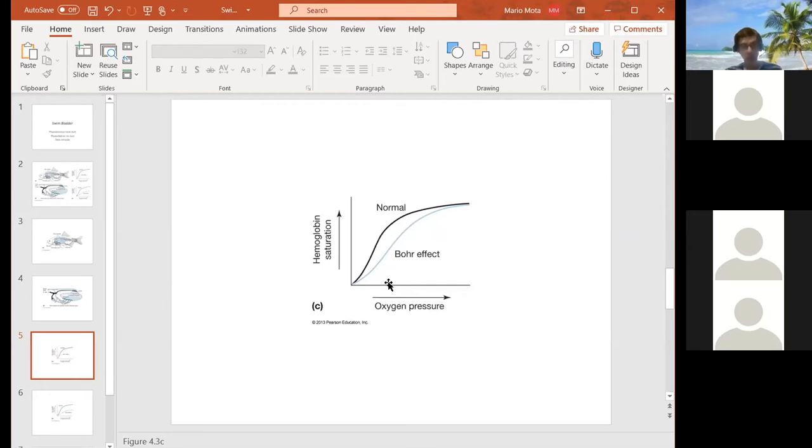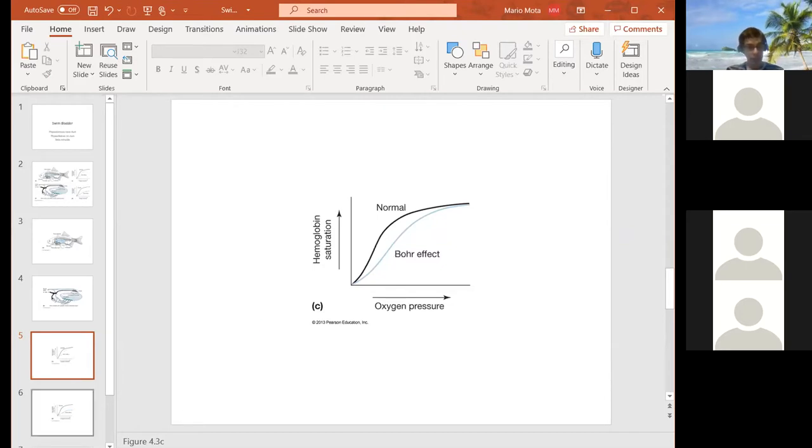So by creating an acidic environment right at the gas gland, the oxygen in the blood of the fish doesn't want to stay in the hemoglobin, so it wants to be released. You see the difference here. When it's released, it can be moved easily to the other side, to the gas bladder.